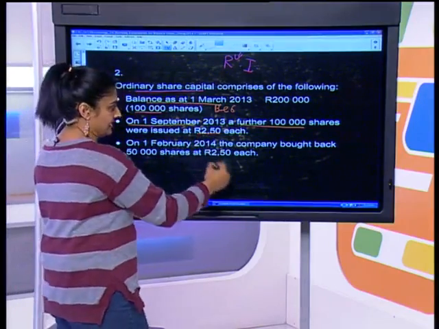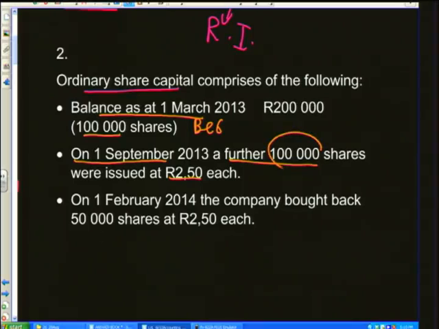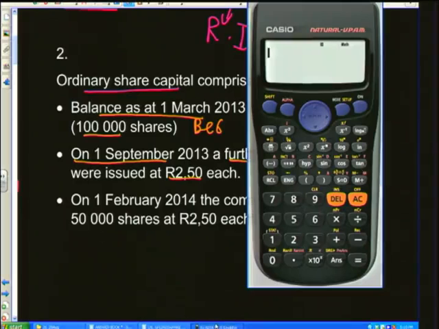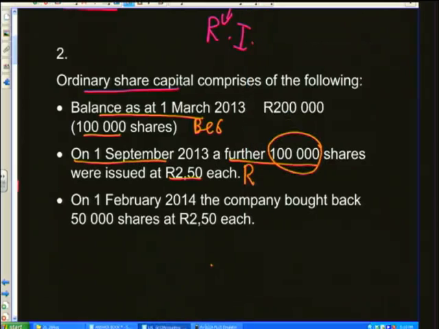So if I need my number of shares as well as the rand value, the total that was received for my shares. Now, because I'm not feeling well, guys, I'm going to use the calculator. So I've got R2.50 times 100,000. Okay, and that gives me additional capital during the year of 250,000.